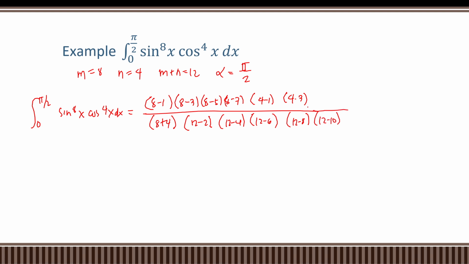So therefore, the remaining is 1 or 2, times pi over 2.